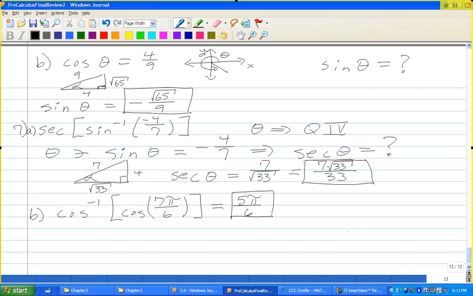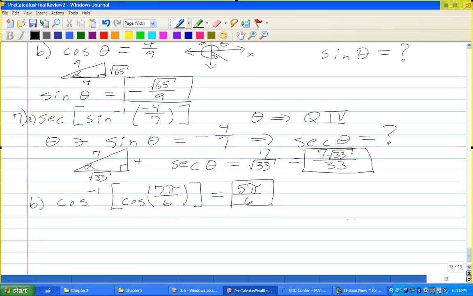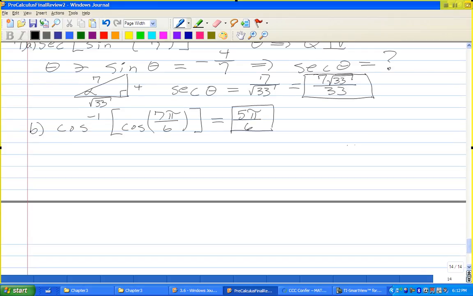Problem 8. Cosine of arctan of u. Okay. So let's draw a little picture here.